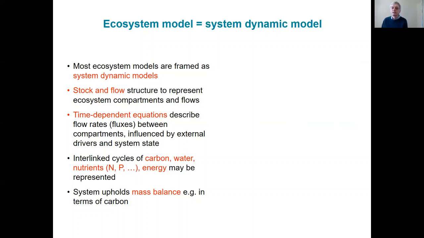Another important characteristic is that the system dynamics model is formulated in such a way that the fluxes in each time step balance the changes in the compartments, also allowing for any imports or exports, for example, of carbon to the system. And this means that the system upholds mass balance, which is a very important assumption, and you'll learn more about it in this training.